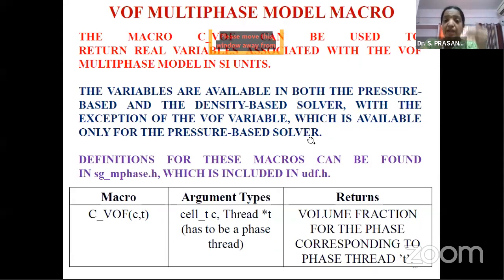Macros, in the sense that you need to write a program which is assigned to the domain of the area or the case study which you are working on. It will give you the numerical values. So you should write a code in C language.